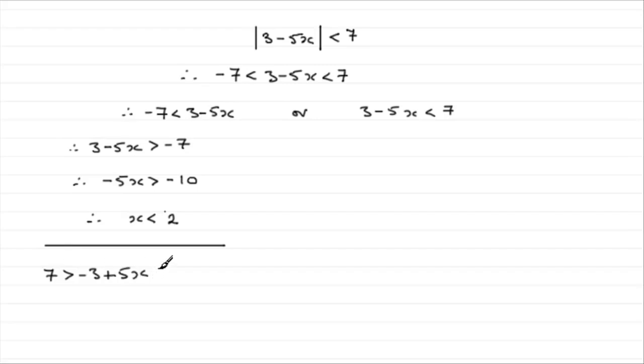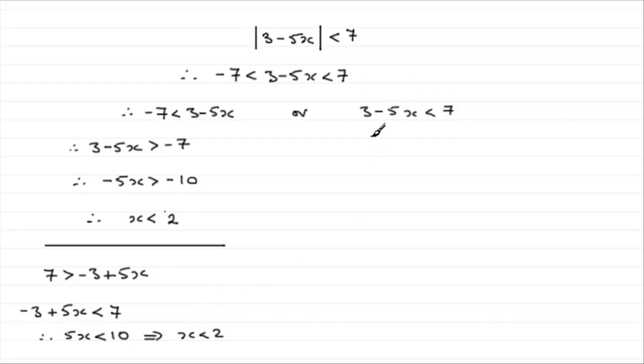And with this version, I would swap this round again. I would say that minus 3 plus 5x is less than the 7. And now I could add 3 to both sides, and I end up with 5x is less than 7 add 3, which is 10. And this leads to, if I divide both sides by 5, x being less than 2. So obviously the same result, that's what we would expect, but just another version.